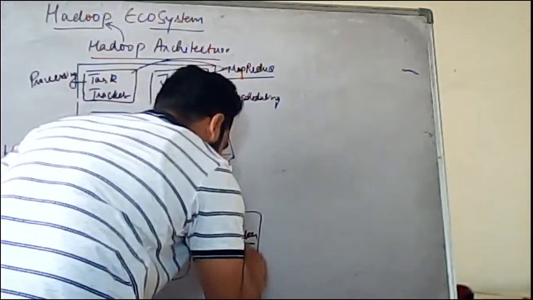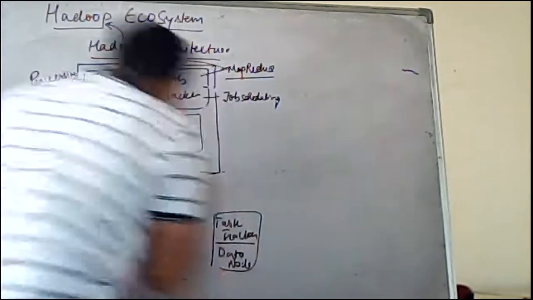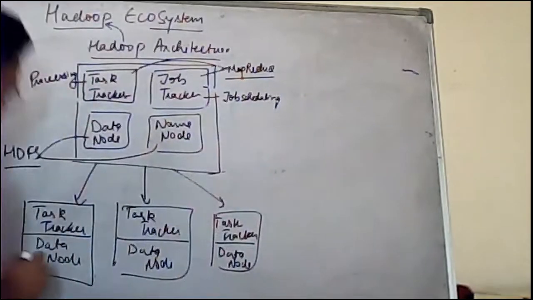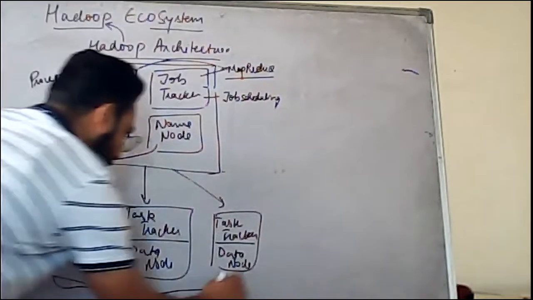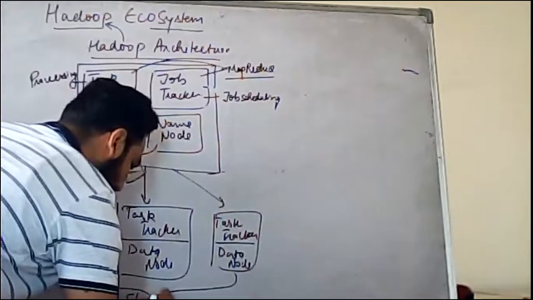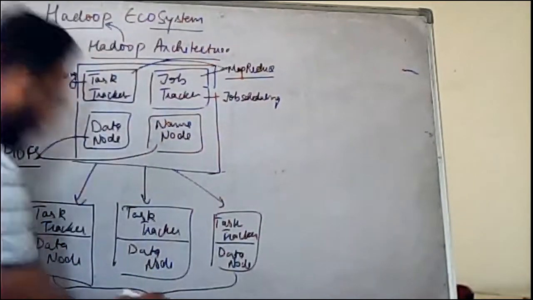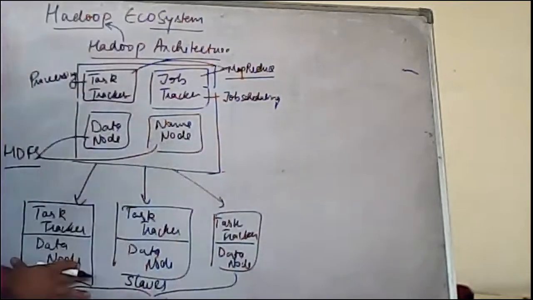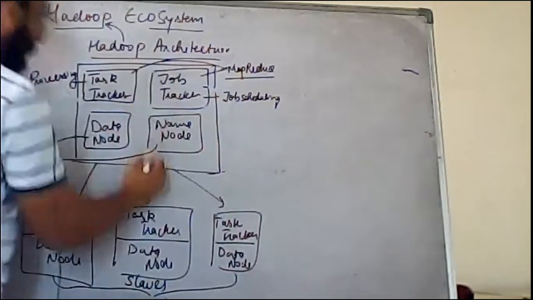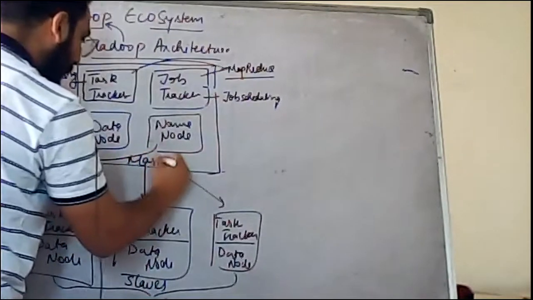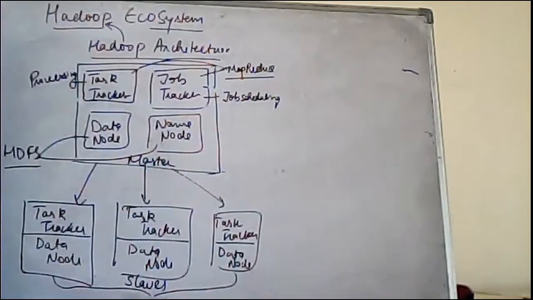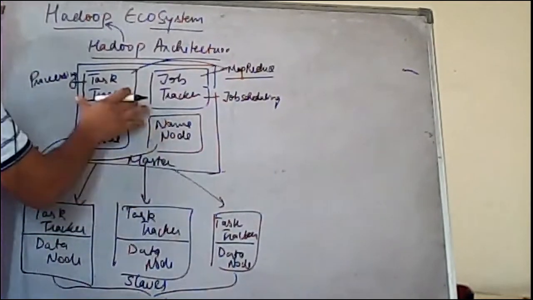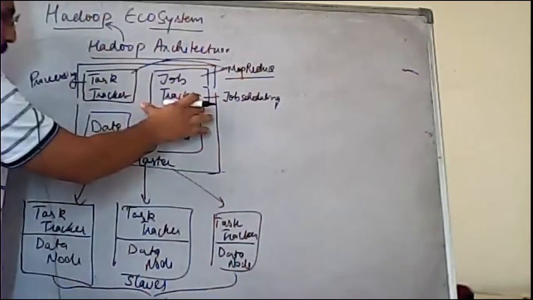These three are your slaves, and this is your master. In your master there is the task tracker and job tracker.